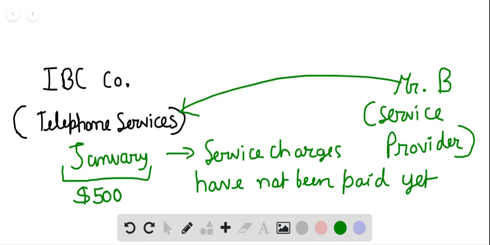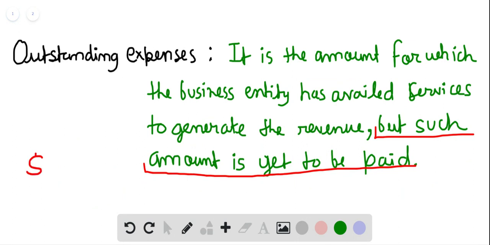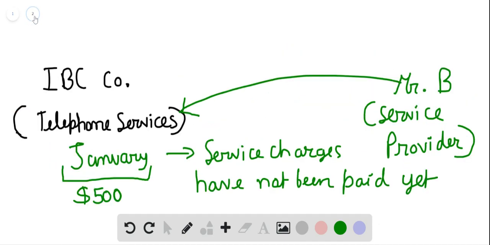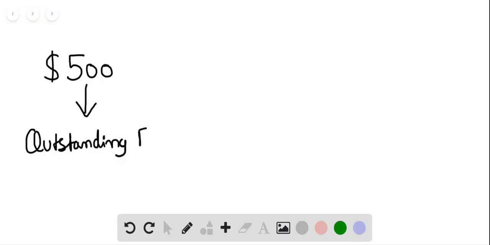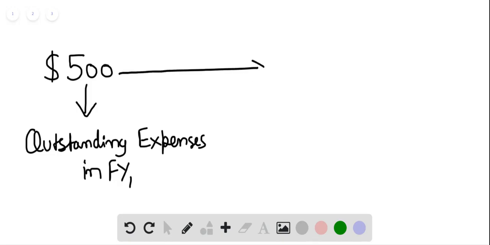Okay, so these $500 will be recorded as outstanding expenses in the current financial year. We will write it here: $500 will be recognized as outstanding expenses in the current financial year.